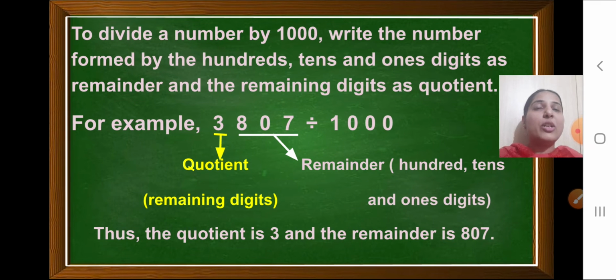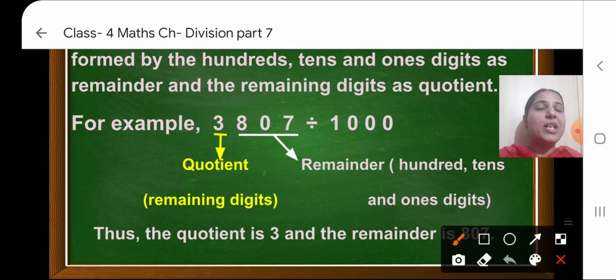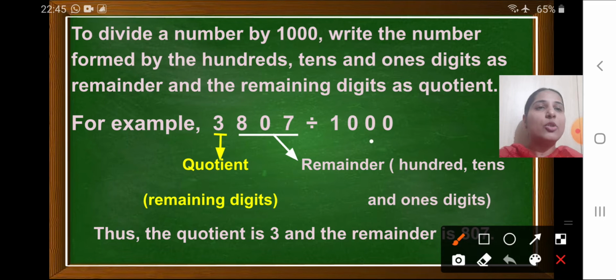Now to divide a number by 1000, write the number formed by the hundreds, tens and ones digits as remainder and the remaining digits as quotient. Now here you just see, children, how many zeros are there? 1, 2, 3. 3 zeros are there.